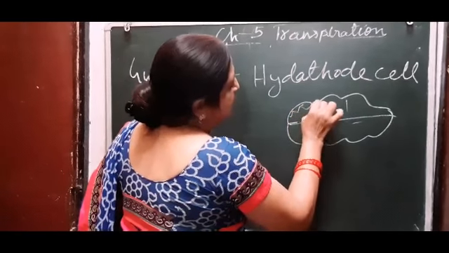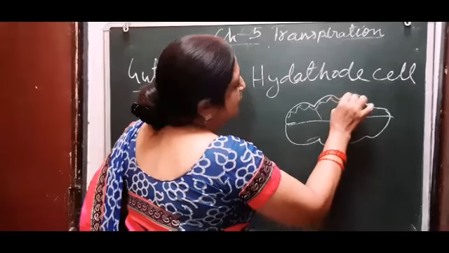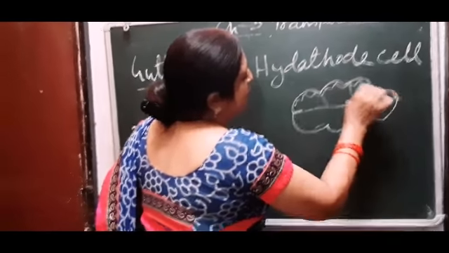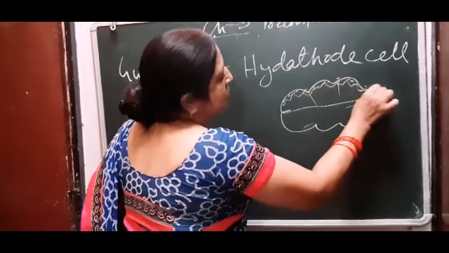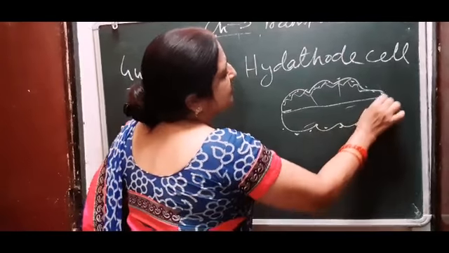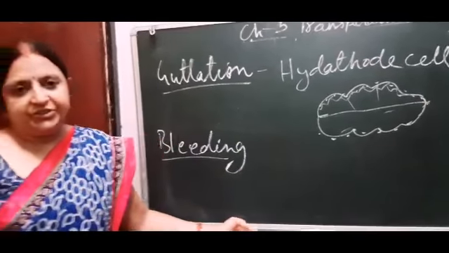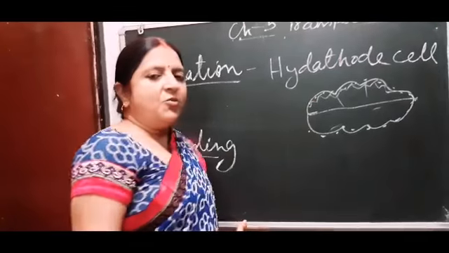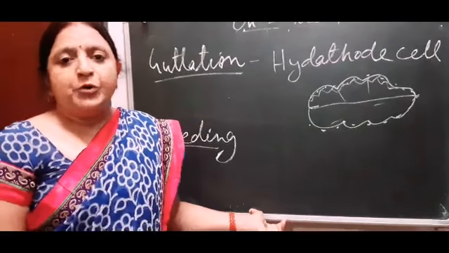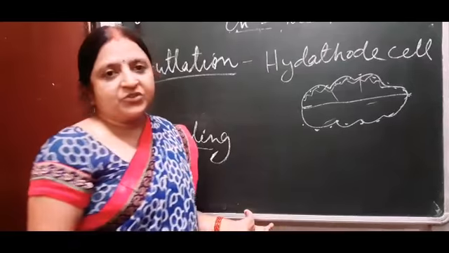These cells are present on the margin of the leaf, so water is lost in the form of droplets only on the margin of the leaf. This is called guttation. The leaves of bryophyllum, tomato and potato show the guttation process.